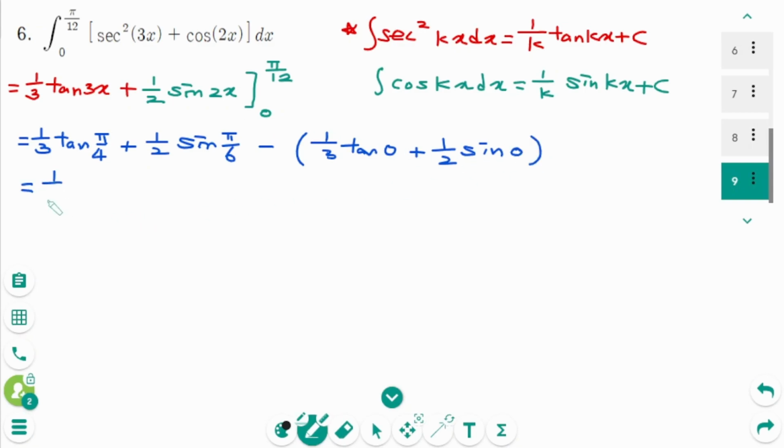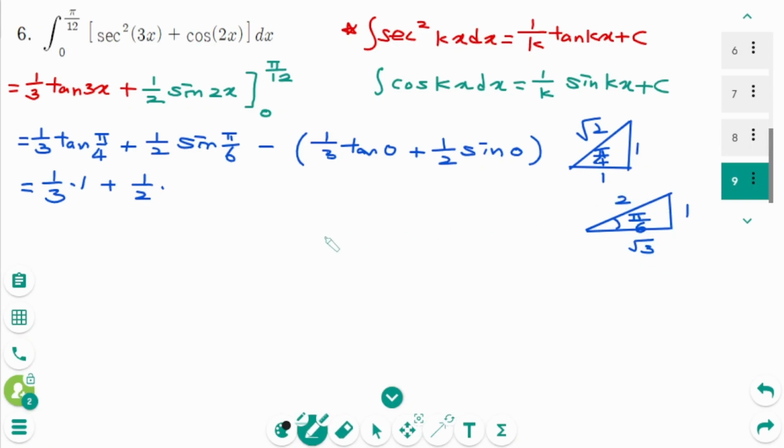Equals 1 over 3. Think about the respective angle of pi over 4. The ratio is 1, 1, and square root of 2. Then use secant. Tangent pi over 4 is 1, plus 1 over 2 times, the respective angle is pi over 6. The ratio is 1, square root of 3, and 2.